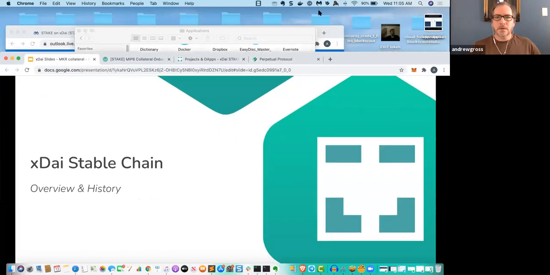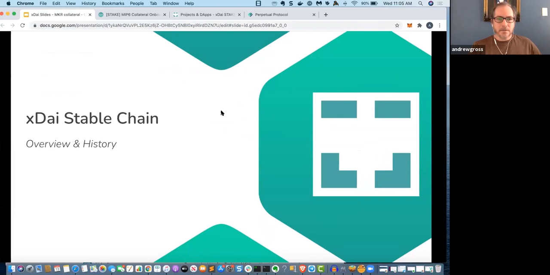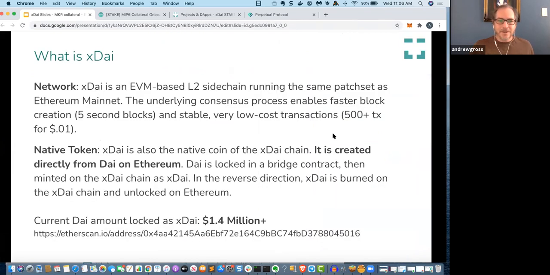All right. Can you guys see the slides there? Cool. Okay. So just to get started, sometimes there's a little bit of confusion about what xDAI is. And part of that is because xDAI is both a network and a token. The xDAI network is an EVM-based layer 2 sidechain.